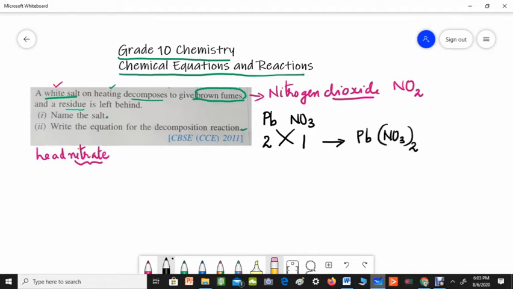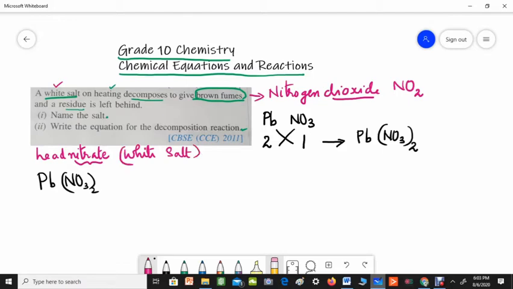This is lead nitrate, and this compound is white in color, so your white salt is lead nitrate.